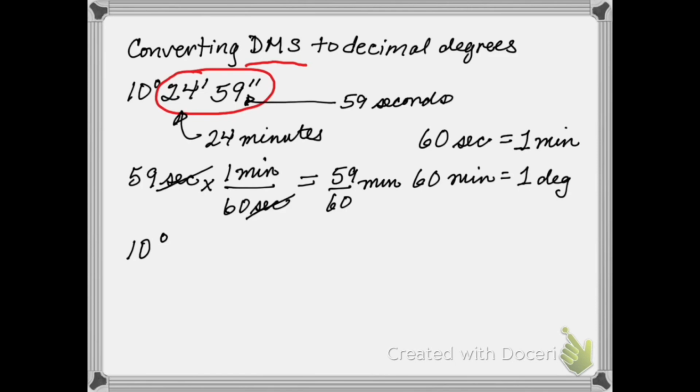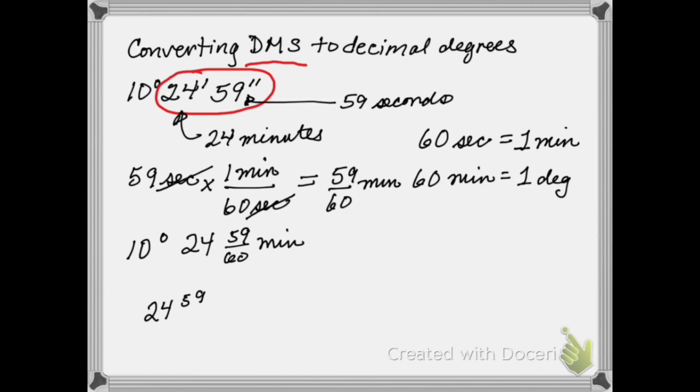Taking an intermediate step, instead of saying that I've got 24 minutes, now I can say that I've got 24 and 59 60ths of a minute. Then I'm going to convert that to degrees using this relationship, that there are 60 minutes in 1 degree. And I'm going to use the same method of unit agreement.